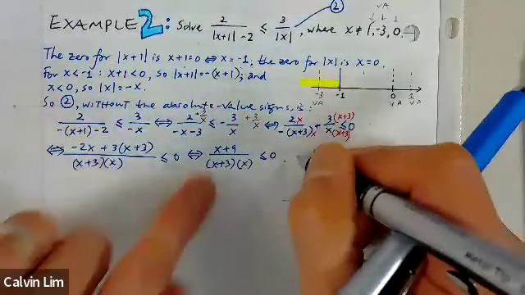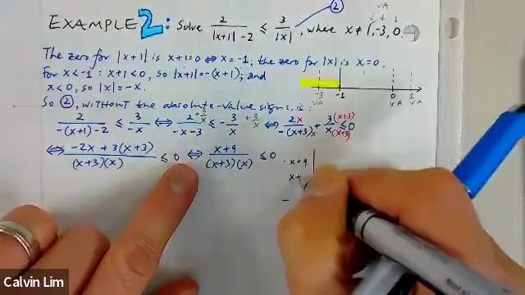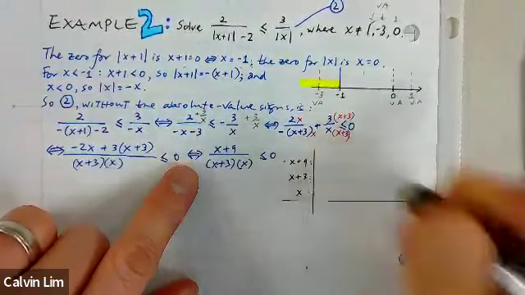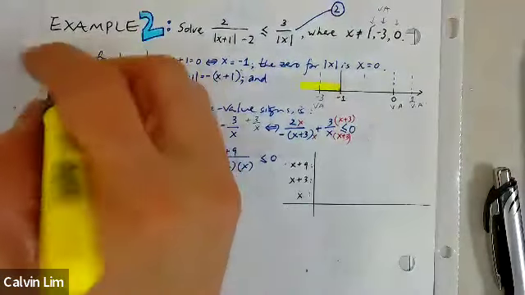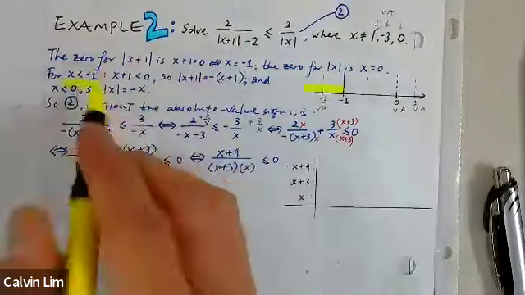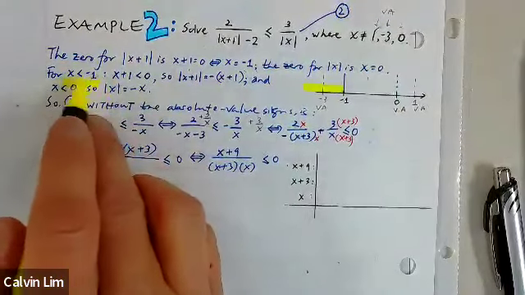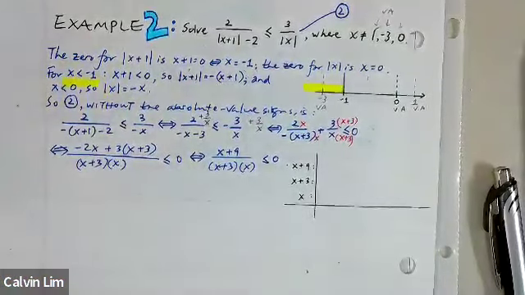I have listed all the factors here: x plus 9, x plus 3, and x. Bear in mind that we are investigating the solution when x is less than -1.